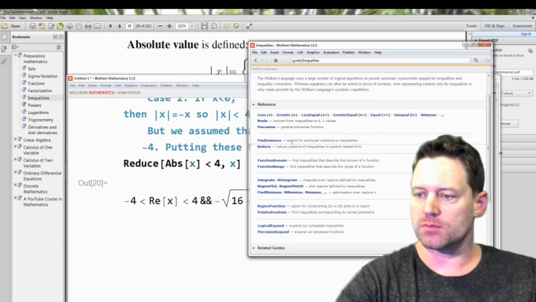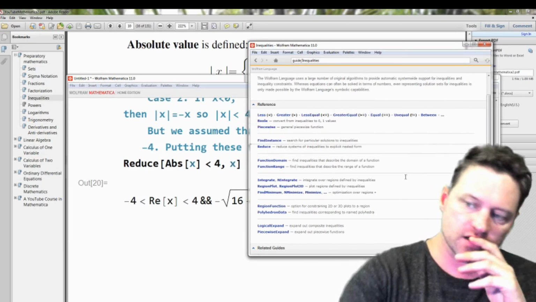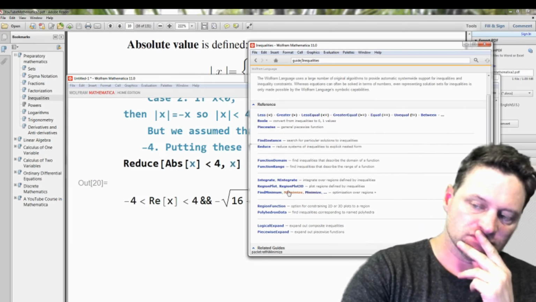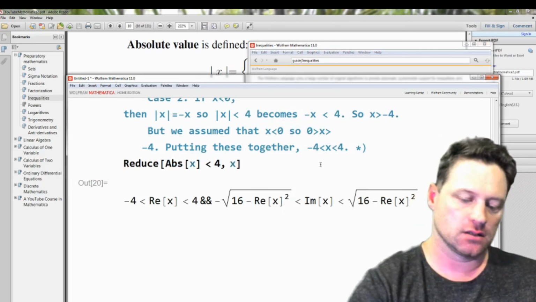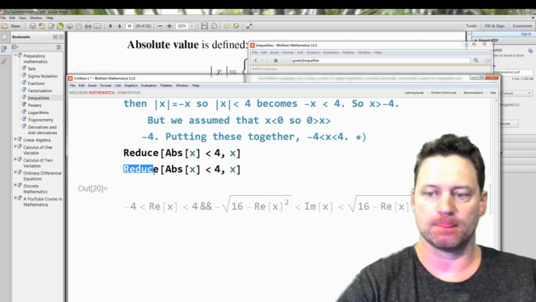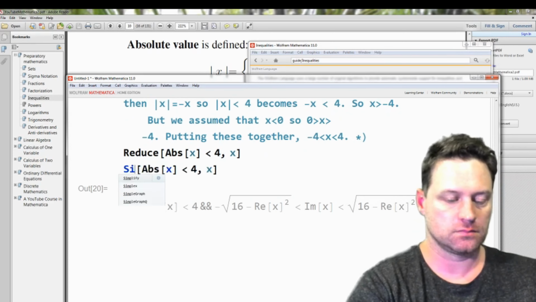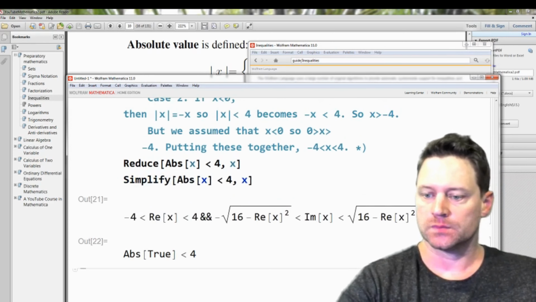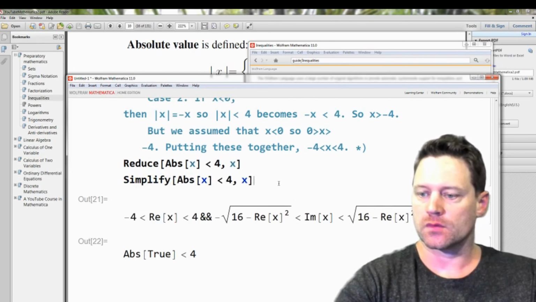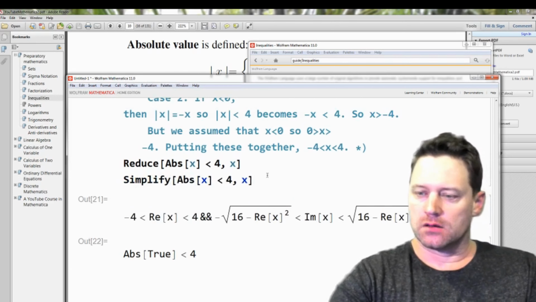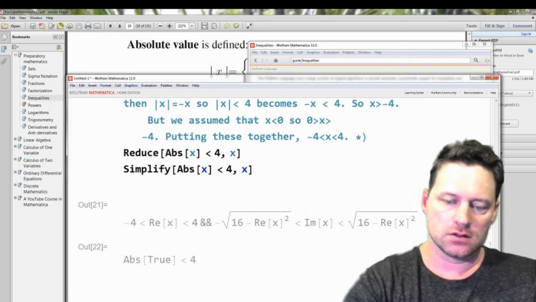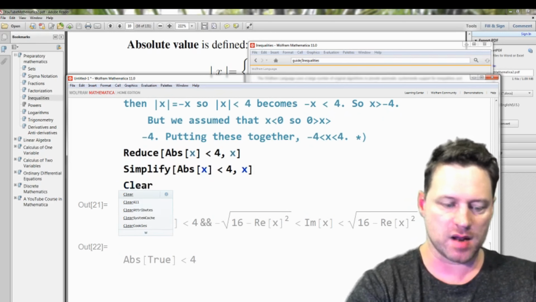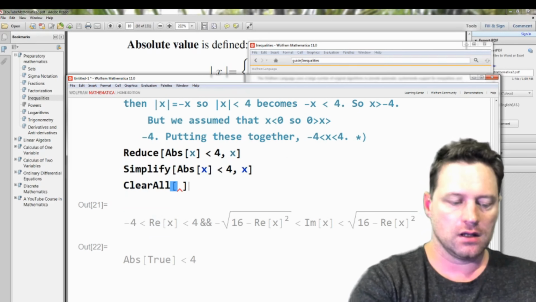Is there another function? I'm trying to think at the same time. Let's try Simplify while we are at it. Okay, don't know. X is not in memory, is it? ClearAll x.